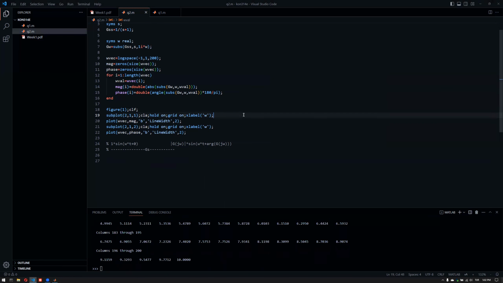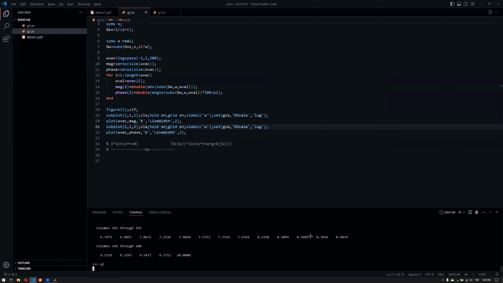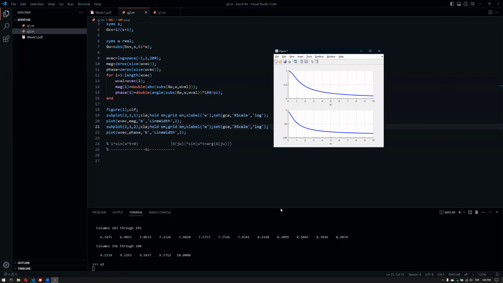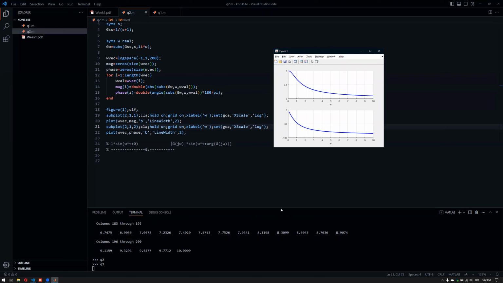So what you should do is tell MATLAB to change the axis scale into log scale. If we do that, we will get a more convincing Bode plot in a minute. There we go. This looks more like it.